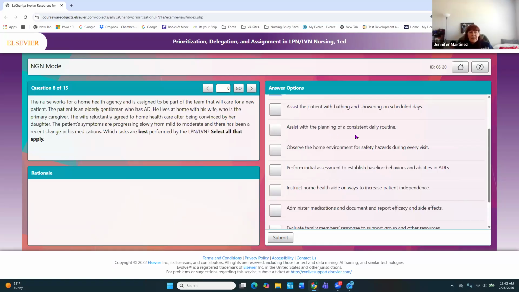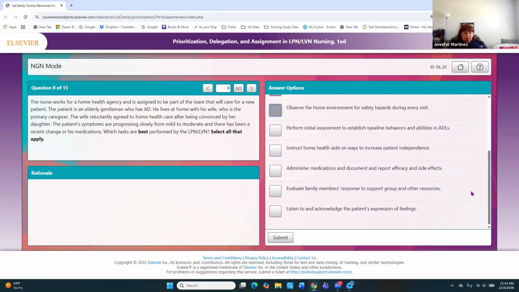Can they assist with the planning of a consistent daily schedule? Okay. Can they observe the home environment for safety hazards during every visit? Can they perform the initial assessment to establish baseline behaviors and abilities in ADLs? No. All right. Can they instruct the home health aide on ways to increase patient independence? Yes.